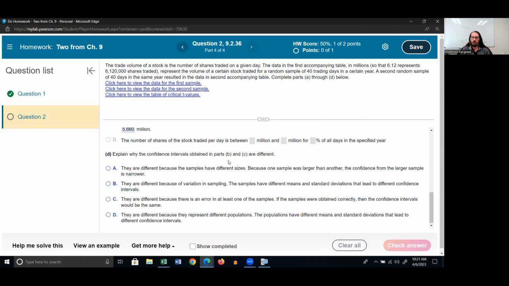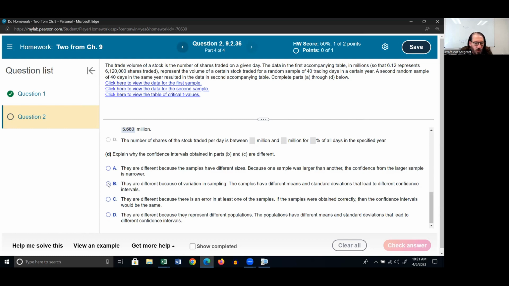We could have selected many different samples of size 40. And we should expect that since we're using, instead of all of the information from all of the days, samples to get our average and our standard deviation, that we're going to get different X bars in those different samples. We don't have all the scores. X bar is going to vary from sample to sample. It's not that they have different sizes. They were both 40.